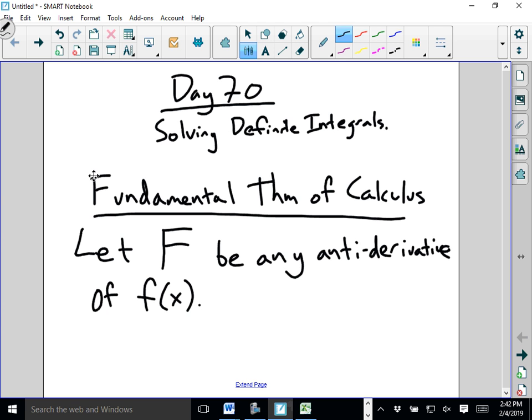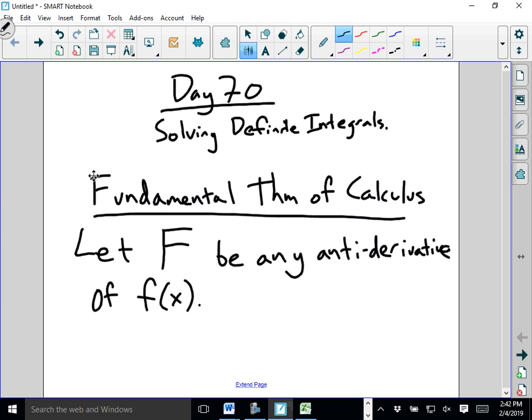Oftentimes in calculus, they let capital F be an antiderivative of lowercase f. But again, capital F could be lowercase f, and lowercase f could be f prime. When you see a capital F for a function, they're usually referring to it as an antiderivative of lowercase f. So it's just good to be careful to distinguish between capital F and lowercase f.